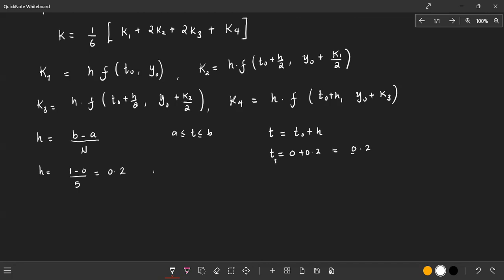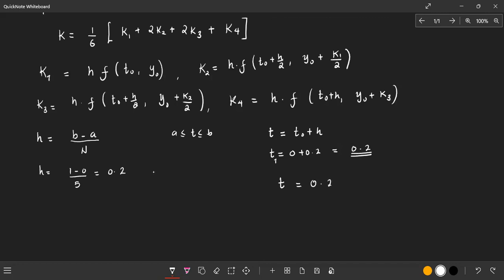You notice that we just have to do one iteration because just one step size leads us to that value of t we want to evaluate. For instance, let's say we wanted to evaluate this at t is equal to 0.6.